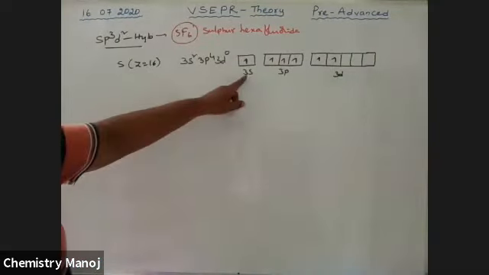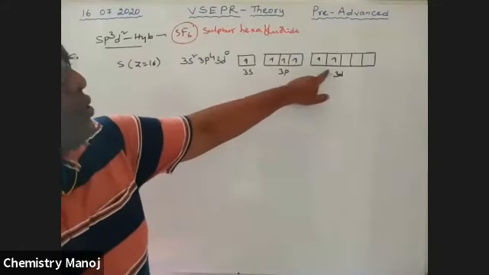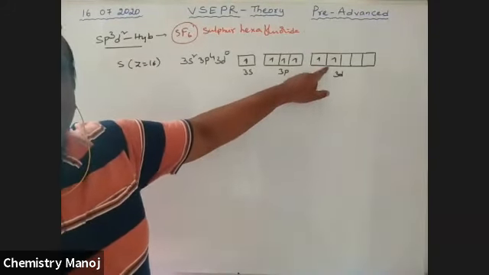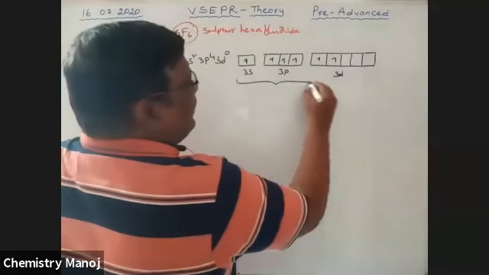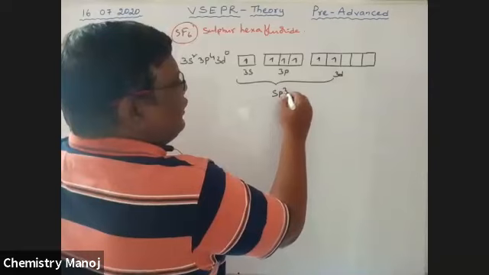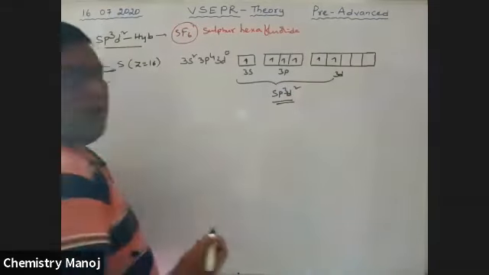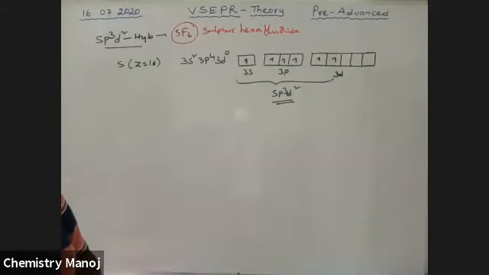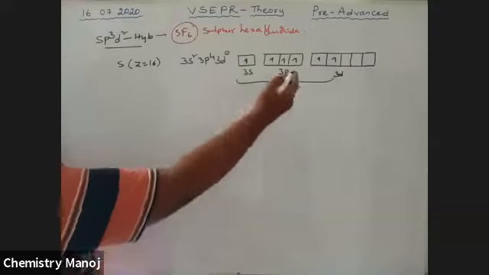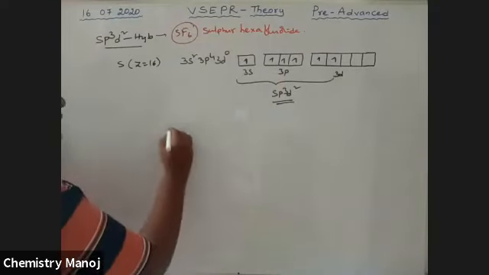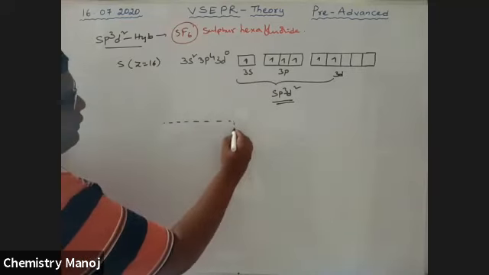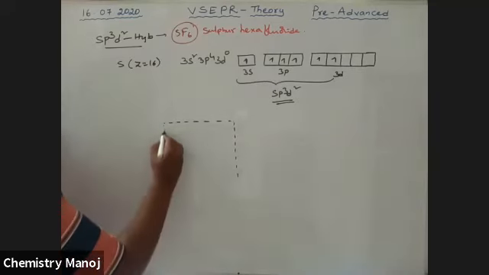So this is the S orbital, these are the P orbitals, and these are 2 D orbitals, dx square y square and dz square, which are involved in overlapping. Overall, this is sp3d2 hybridization. Now sulfur gives 6 sp3d2 hybrid orbitals in octahedral shape.